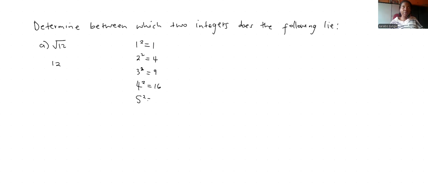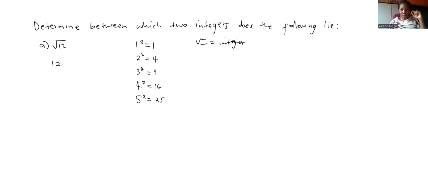Now, let me go back to defining the perfect square. A perfect square is a number whose square root is an integer. Remember integers? If you don't know what an integer is, go back to the first video and you'll see examples of integers. So if I'm going to make an example of a perfect square, remember here I squared my numbers.